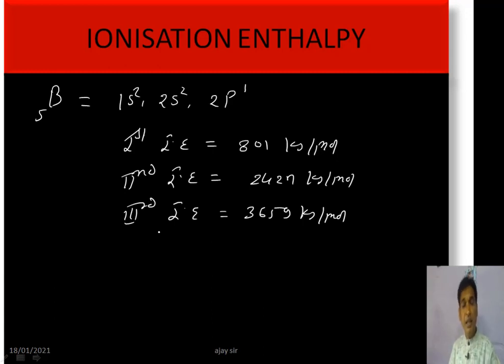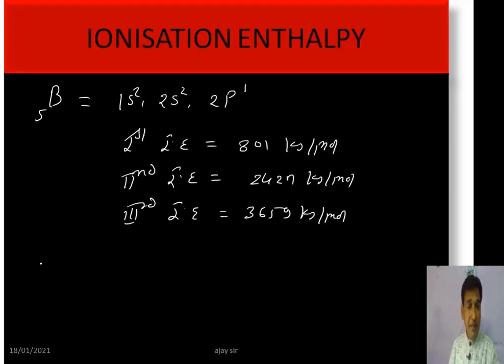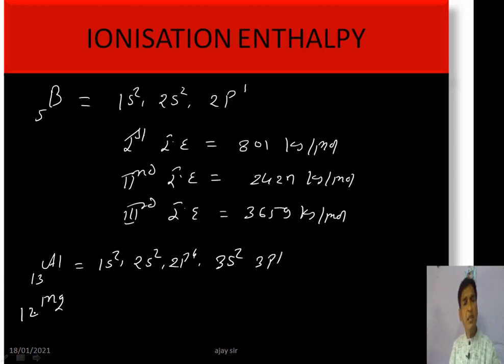Next, in the case of ionization enthalpy, compare aluminium and magnesium. Aluminium's atomic number is 13: 1s2, 2s2, 2p6, 3s2 and 3p1. Magnesium belongs to the second group, the alkaline earth metals. Its atomic number is 12: 1s2, 2s2, 2p6, 3s2.